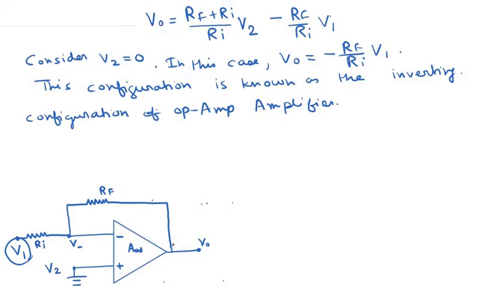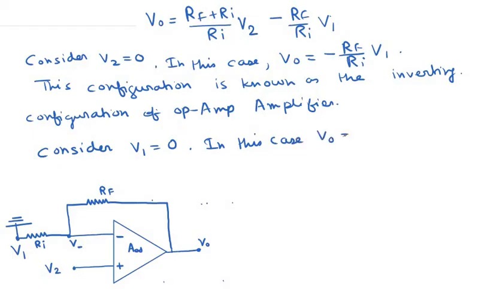Okay, now consider another situation where V1 is equal to 0. So consider V1 equal to 0. So V1 equal to 0 means that this point is basically grounded here. Okay, so if V1 is equal to 0, in this case V0 is equal to RF plus RI divided by RI V2.